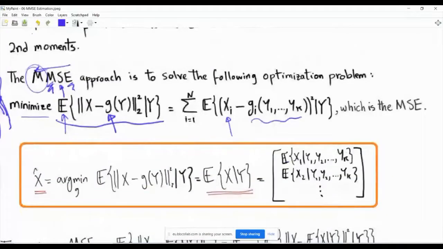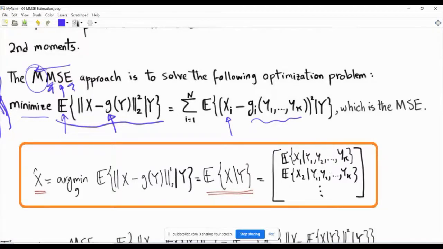Again, you can prove that if you solve this optimization problem and obtain the g functions that minimize the mean squared error, the first function g1 is simply the expected value of x1 given y1, y2 up to yk.